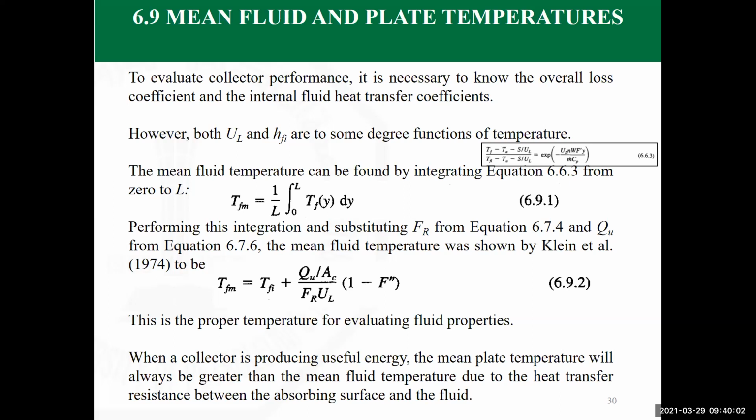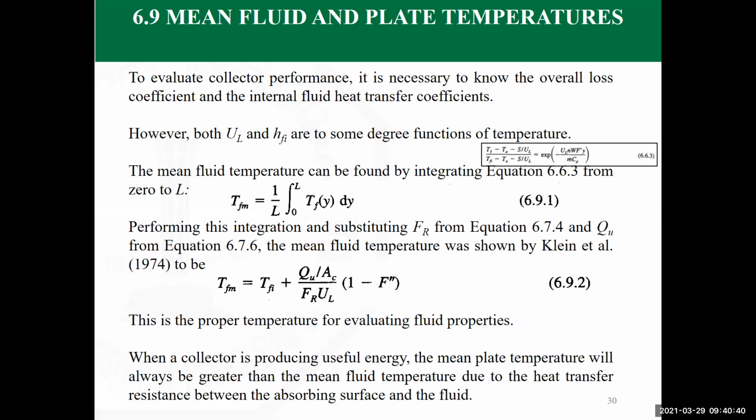We've seen this equation earlier, and this is the one that needs to be integrated from 0 to L. Performing the integration gives us a mean fluid temperature, which is given as a function of the inlet temperature, TFI, and then the useful Q over area, the heat removal factor, the overall heat transfer coefficient of the unit, and then the F double dash, which is the efficiency parameter. So this is a proper temperature at which to evaluate the fluid properties.